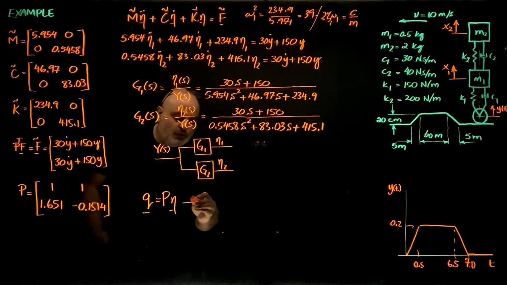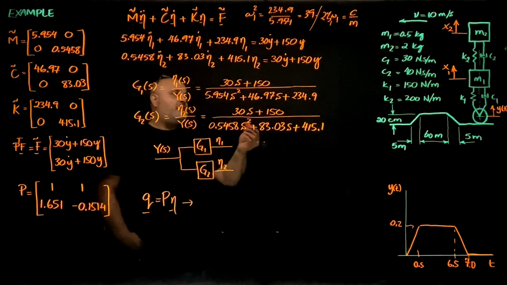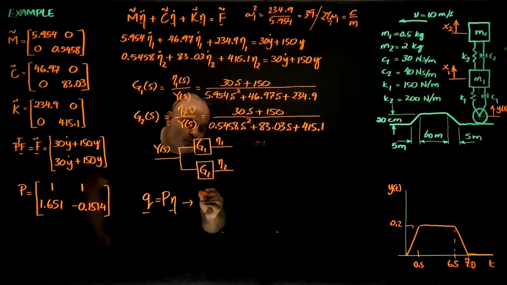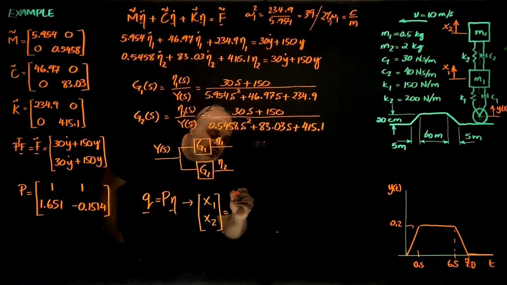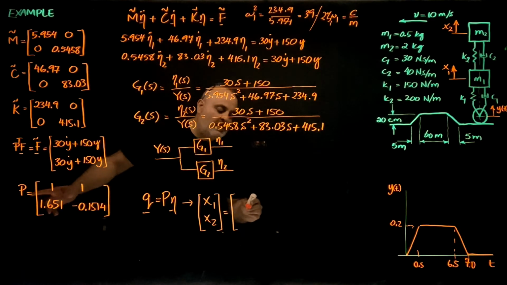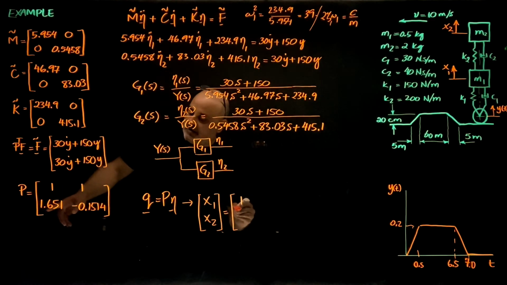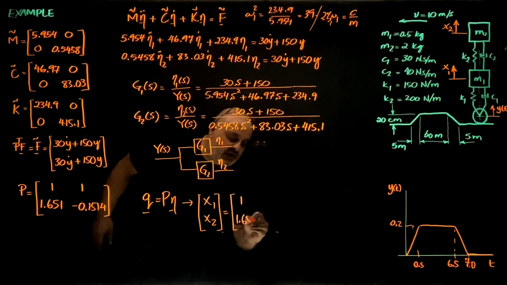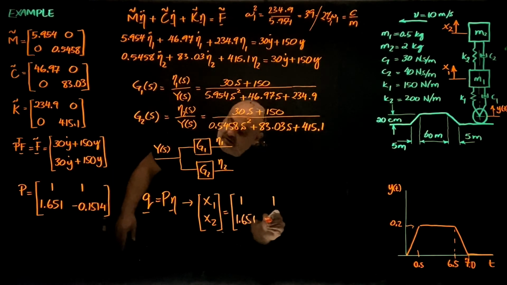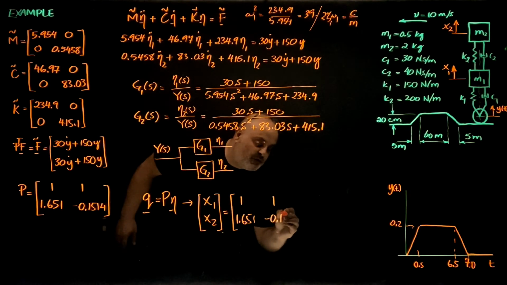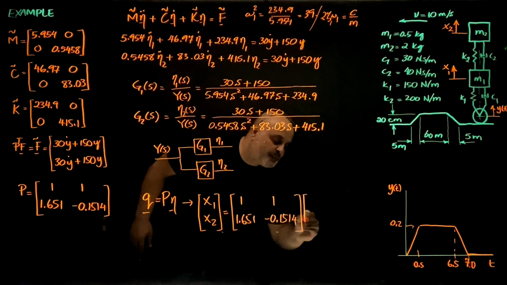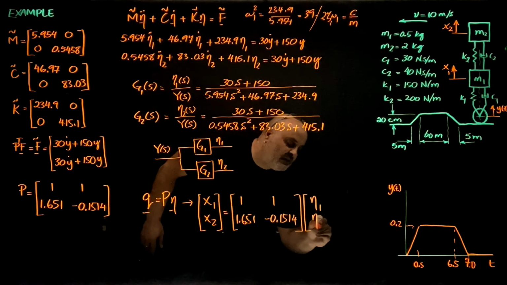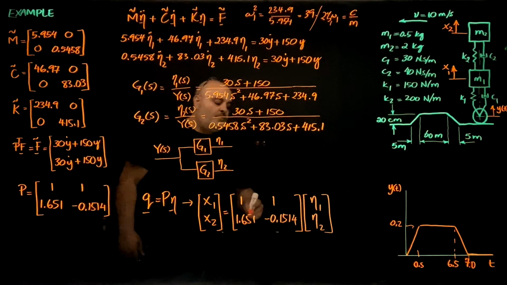So Q is actually the generalized coordinates x1 and x2, equals P, which is right here, the matrix of eigenvectors, 1, 1 and 1.651, negative 0.1514, times eta 1 and eta 2.